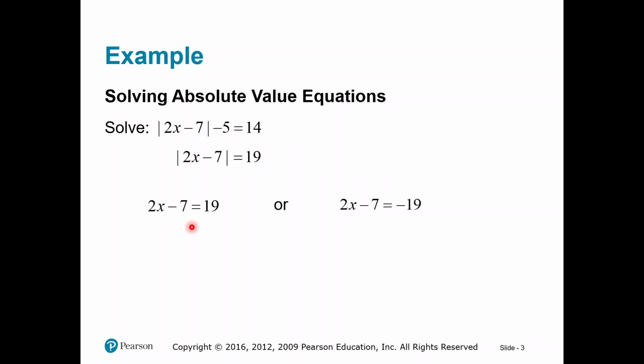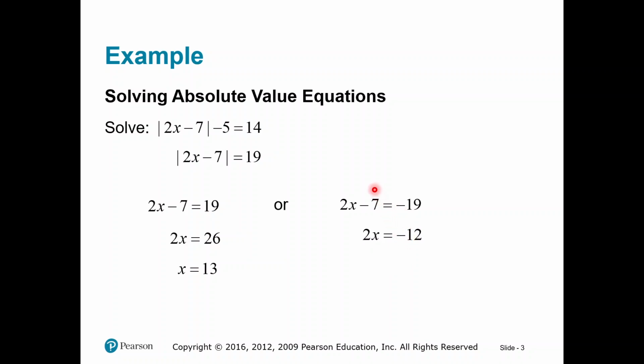Now let's solve one by one. Again, plus 7, because we have negative 7, that goes to 0. 7 plus 19 is 26, and therefore divided by 2, so x is 13. For this one, once again, we add the 7. 7 plus negative 19 gives us negative 12.